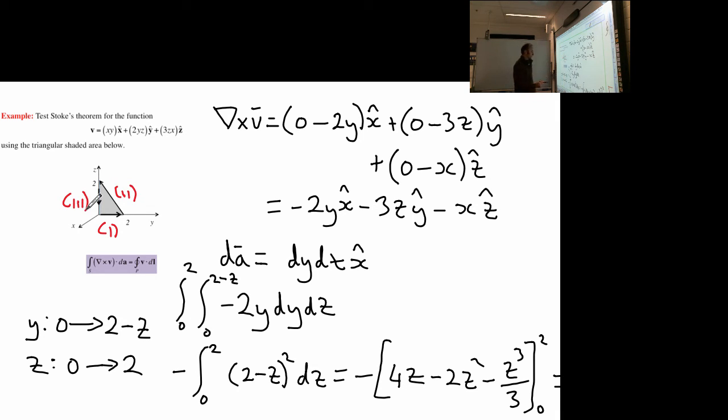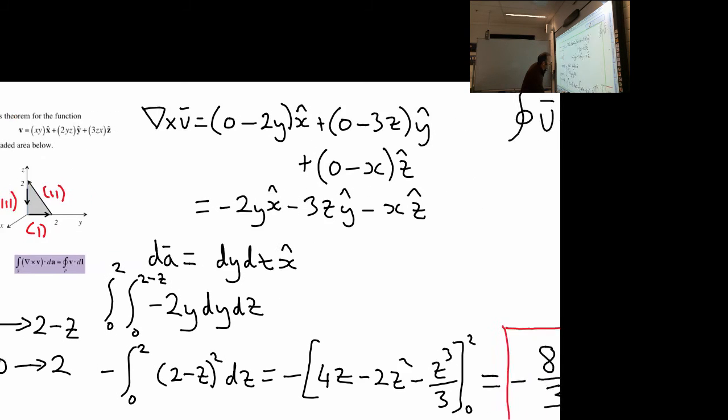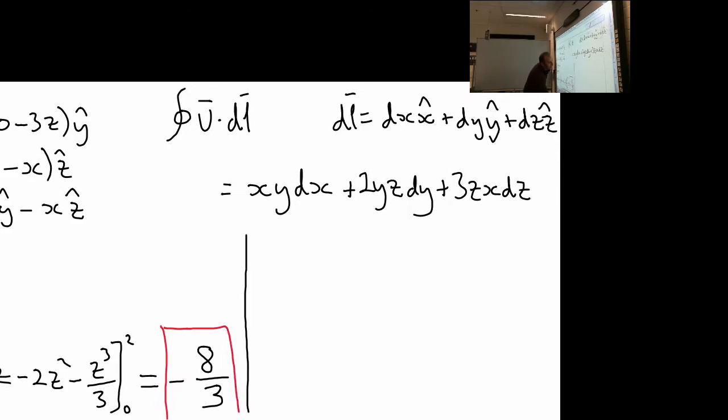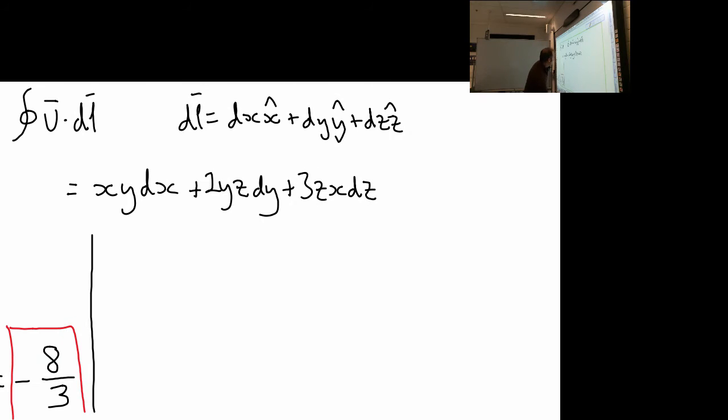Okay, so one thing we do know for the surface is x is going to be equal to 0. Since x is equal to 0, v dot dl is going to become 2yz dy along each line.